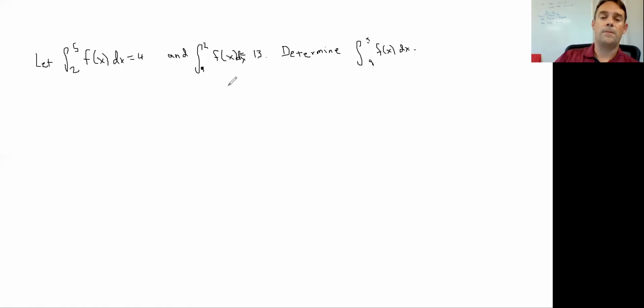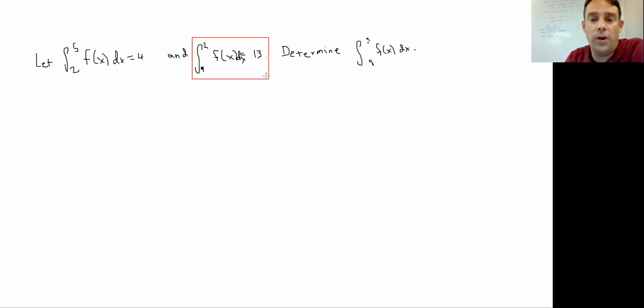All right, so now, first thing that should be going off in your head right now is bells and whistles. This one is written backwards, so we have to change it. We're going to change that to 2 and 9, f of x dx.